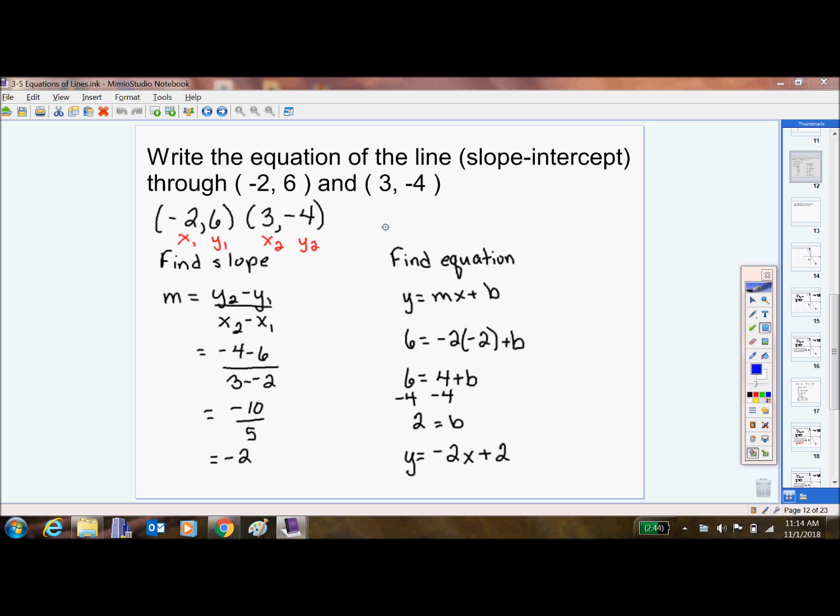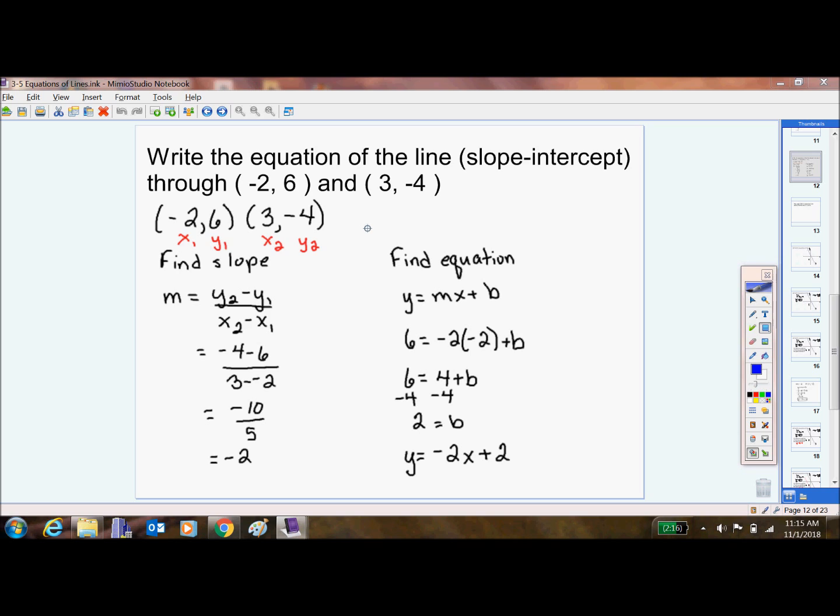example 4. It's got lacrosse players participating in a survey, and the survey results increased from 300,000 in 2009 to 400,000 in 2013. So really what we have is a pair of ordered pairs.